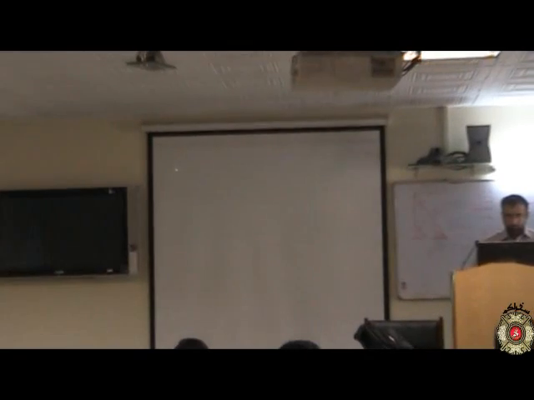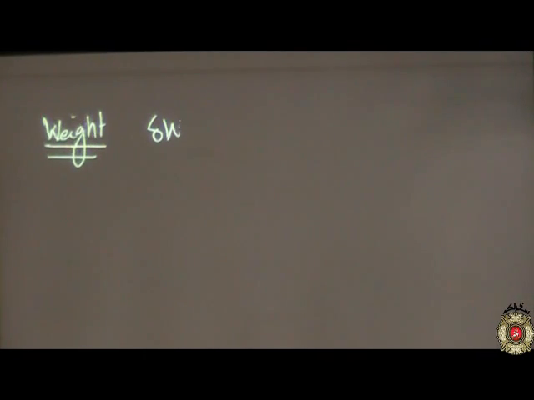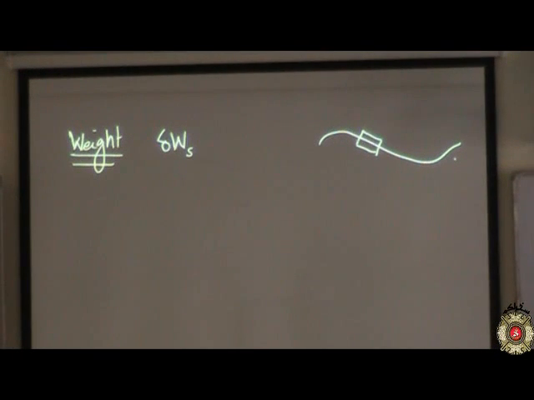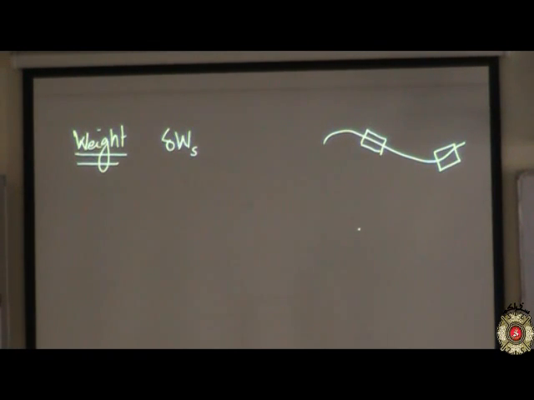So we said that there are two things happening. One, the force is coming from the weight, and that Ws will have two components if this is the case. Okay, let's zoom in on this picture and let me draw it here. This is that particle here, and the line is going something like this, and we have this.